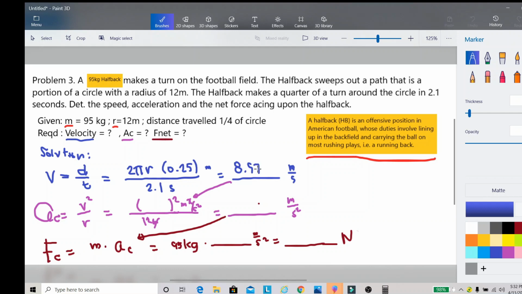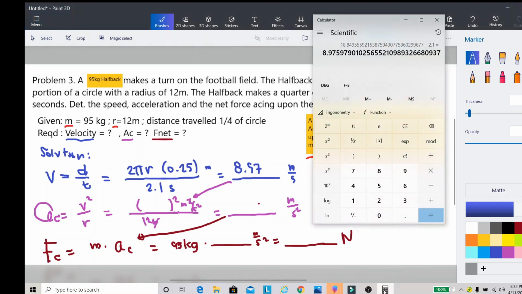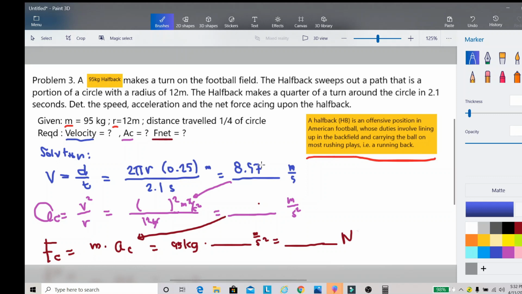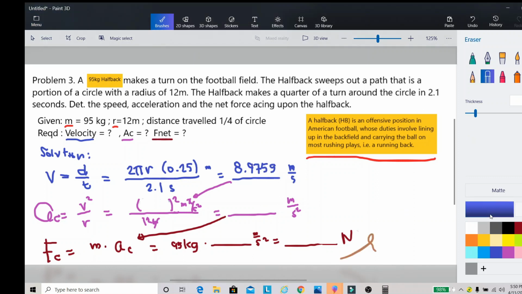8.9759 meters per second. So let us write here 8.9759, and then we're going to square that and divide by 12 meters.